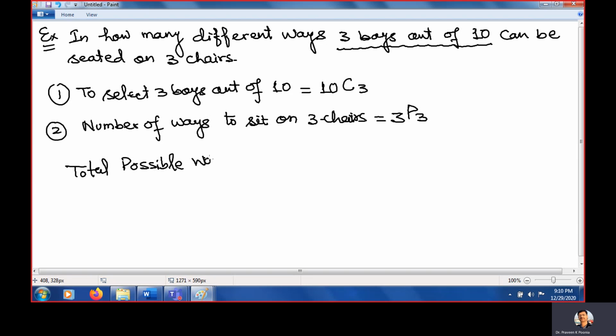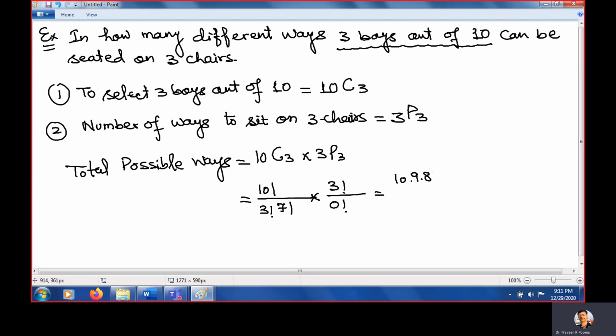Now total possible ways. So it is multiplication of both. It is 10C3 into 3P3. If you simplify this: factorial 10 upon factorial 3 into factorial 7, and factorial 3 upon factorial 3 minus 3, which is factorial 0. 10, 9, 8 into factorial 7 upon 3, 2, 1 into factorial 7, and this you keep 3, 2, 1, factorial 0 is 1.